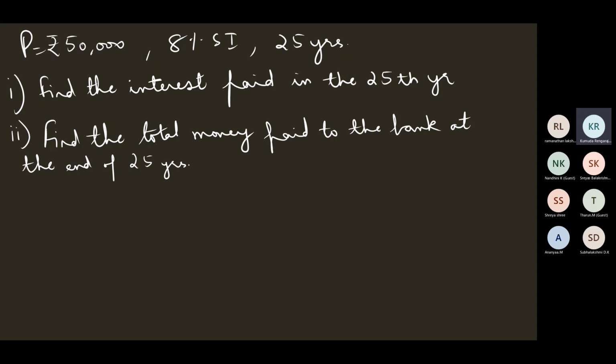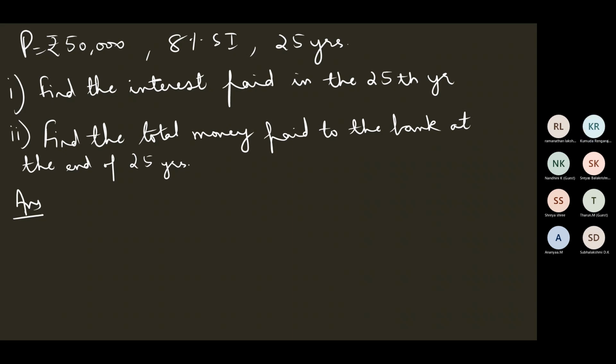What is the interest paid in the 25th year, children? Okay. The question may look like an AP or something, but it's not. Every year, the interest paid will be the same.